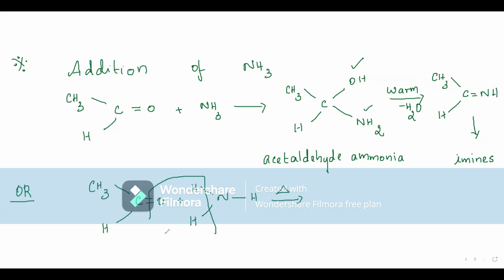Eliminate a molecule of water straight away, and then you have CH3CH double bond NH, which is the same imine. Any one of these two ways you can represent the addition of ammonia.